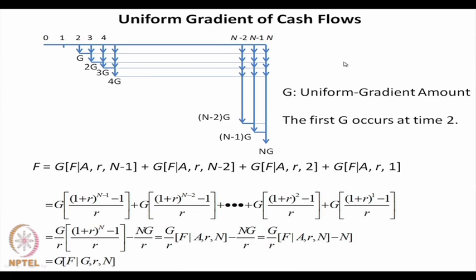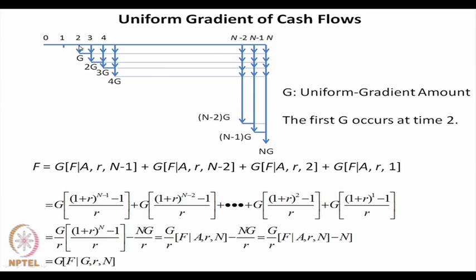Now, we will discuss a very interesting case of cash flows that increase in a uniform gradient manner, or with a uniform gradient. Look at this. We are now considering a cash flow.